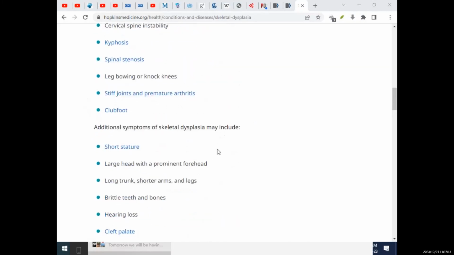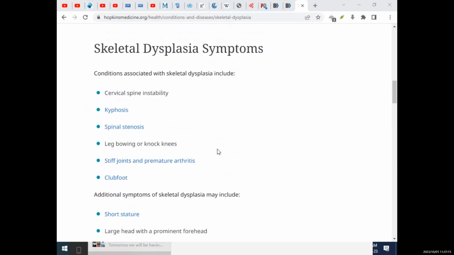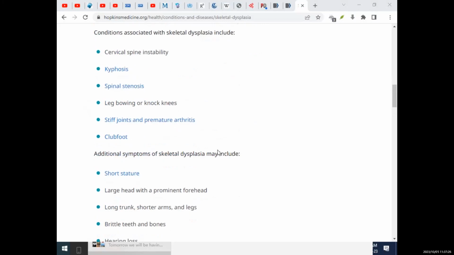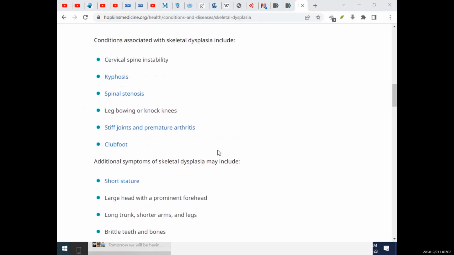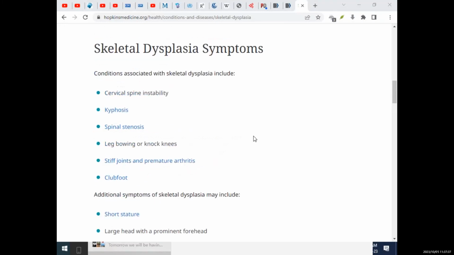So based on all these symptoms that they have pointed out about skeletal dysplasia, do you still think Bob would most likely fall into this diagnosis? Why would you still think so based on the case that they have offered us?